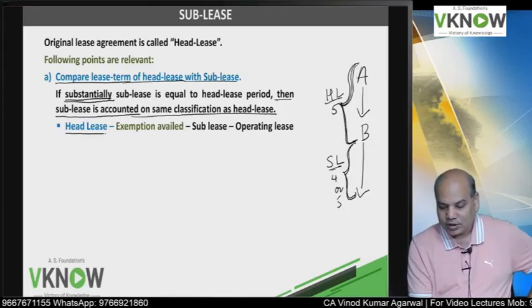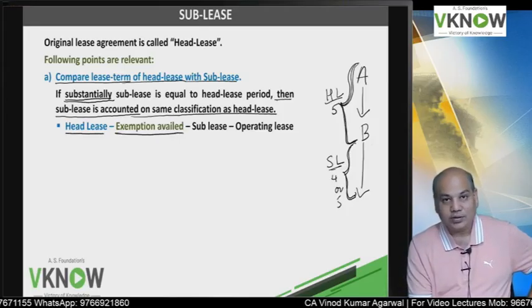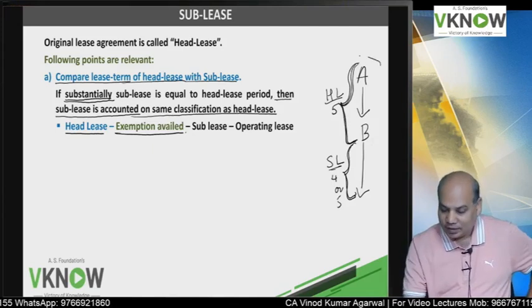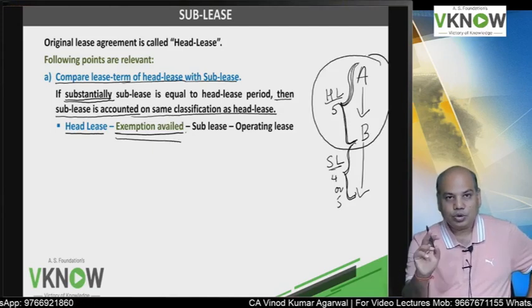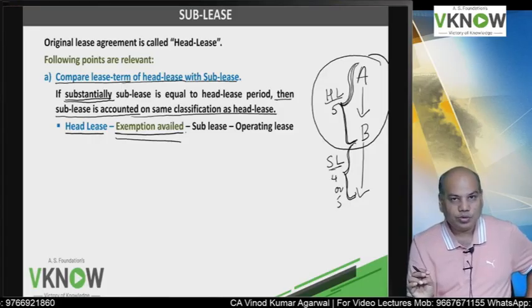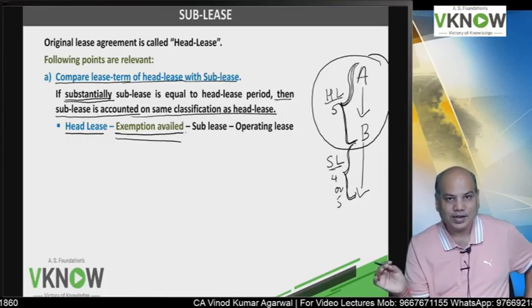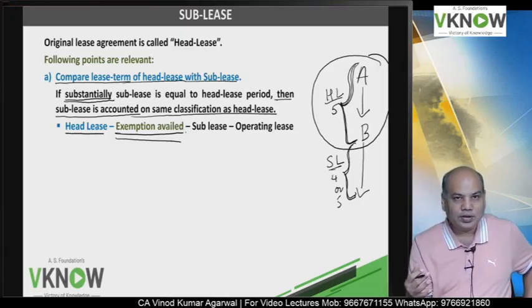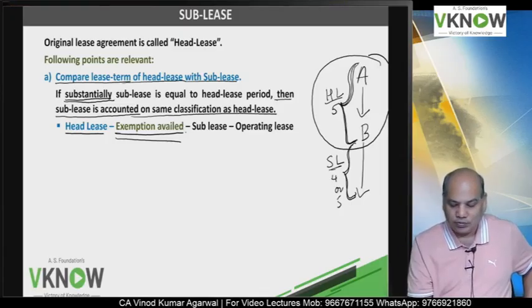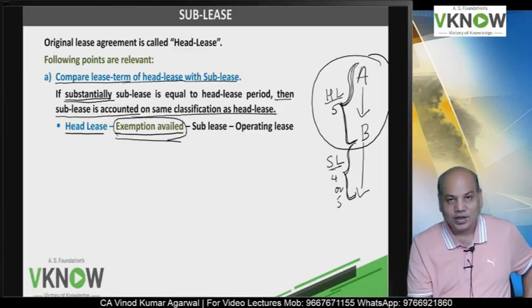Now head lease, suppose exemption is availed. In head lease, suppose you have taken the exemption, two exemptions you can choose from if applicable. One is low value asset exemption. When the value of the asset is low, then you can simply transfer the lease rental to P&L account without creating ROU asset and lease liability.